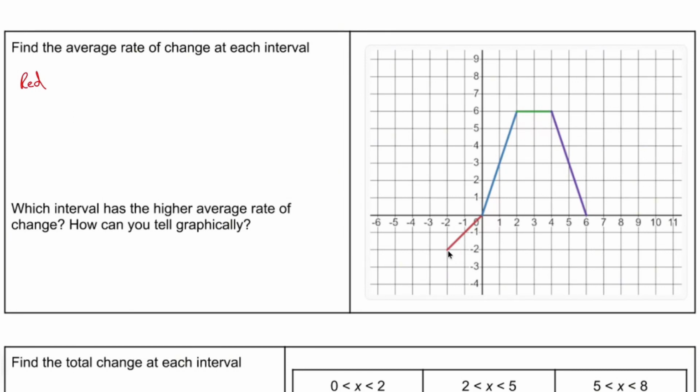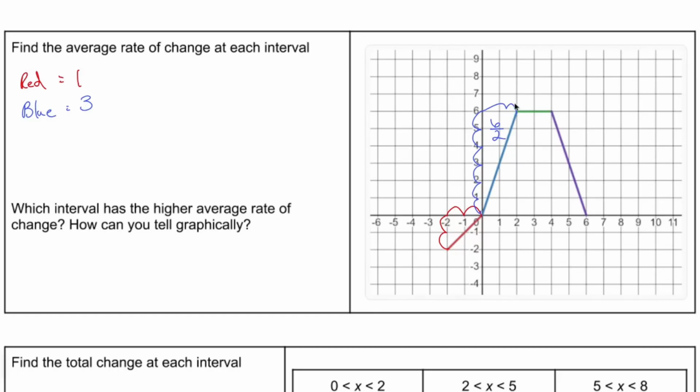This slope appears to go up 1, 2, over 1, 2, which is a slope of 2 over 2, a slope of 1. For blue, it's going to be up 1, 2, 3, 4, 5, 6 over 1, 2, 6 over 2, simplifies out to 3. So the average rate of change for blue is 3.